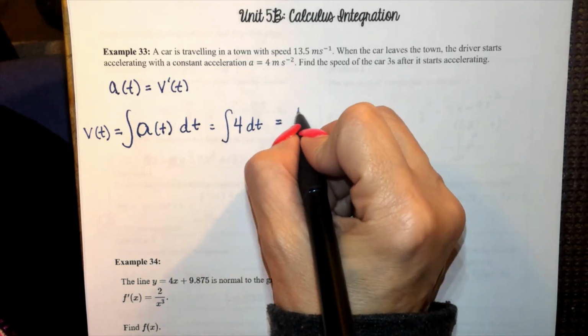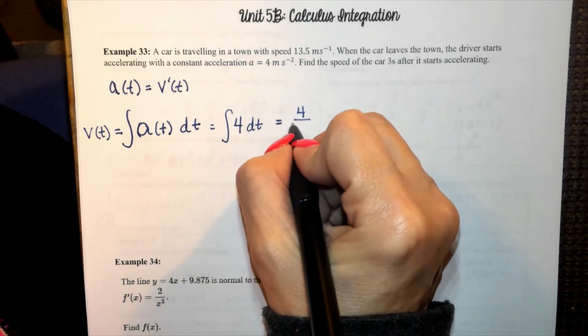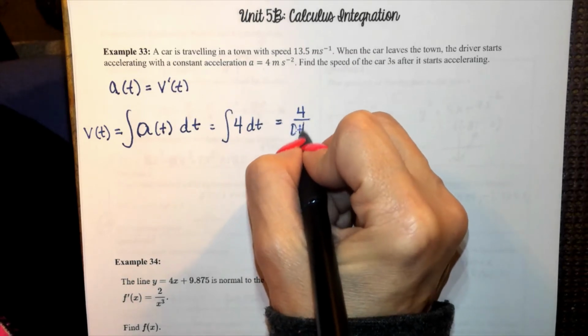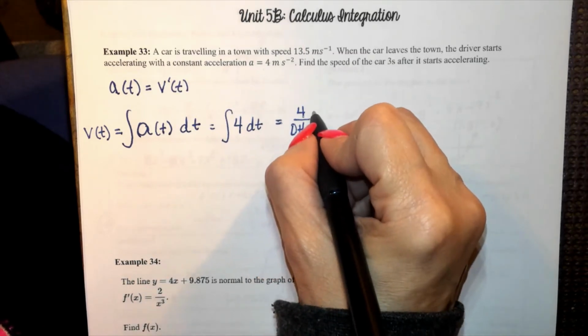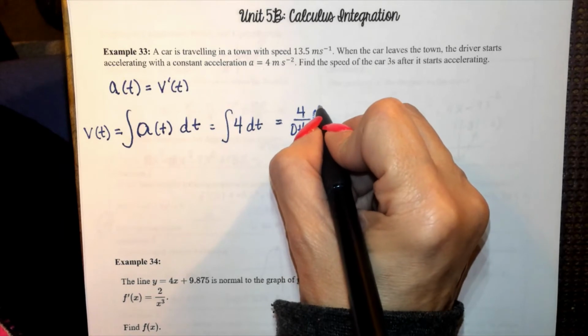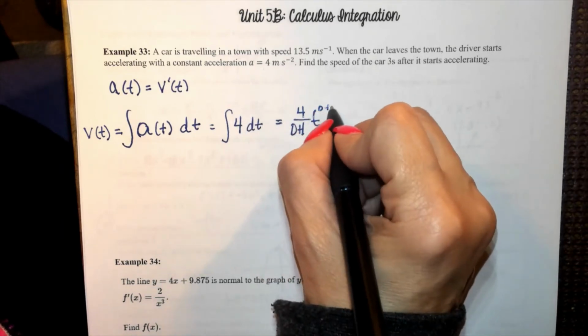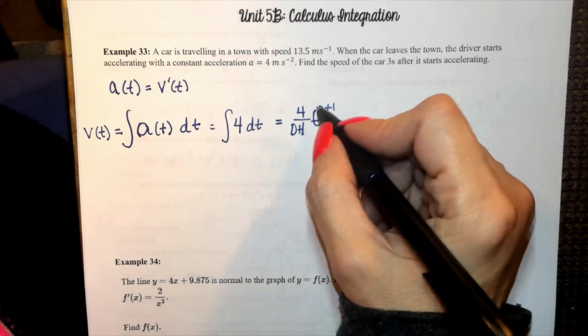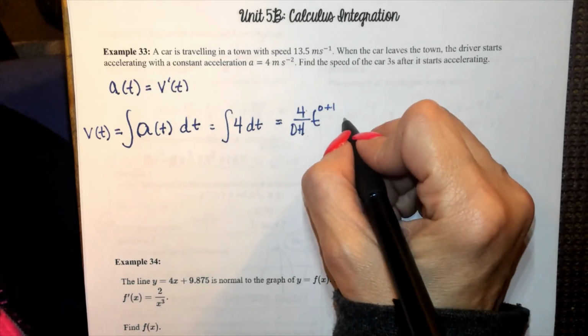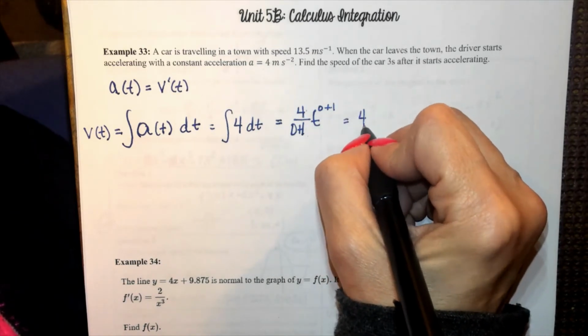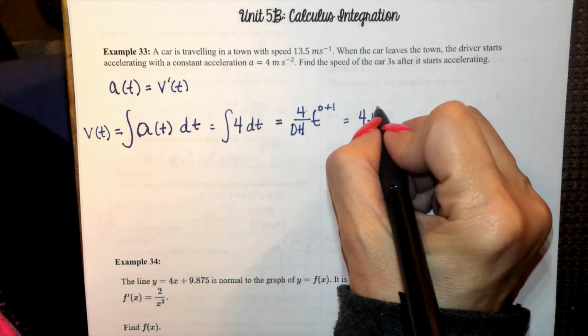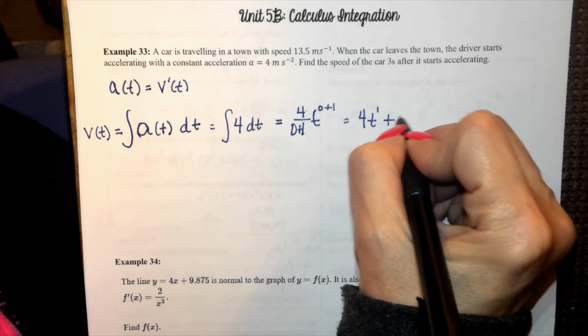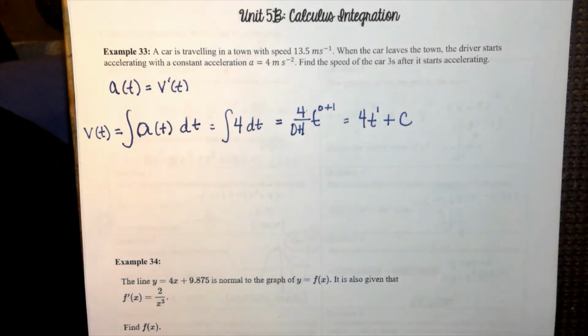It would be 4 over 0 plus 1, and we'll use t to the 0, because it's not there, plus 1. So that means it would be 4 over 1, so 4t to the 0 plus 1 is 1, plus some constant c that I don't know.